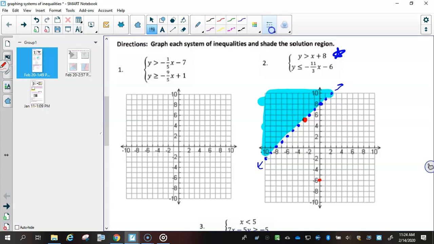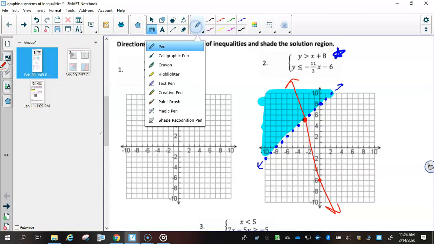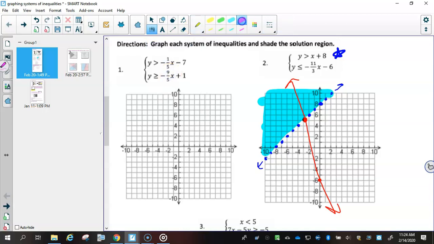Will this be a dashed or a solid line? Solid, because it's or equal to. And would we shade above this line or below it? Below it. So your shading is going to overlap.